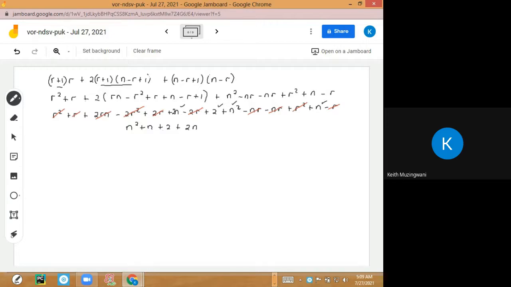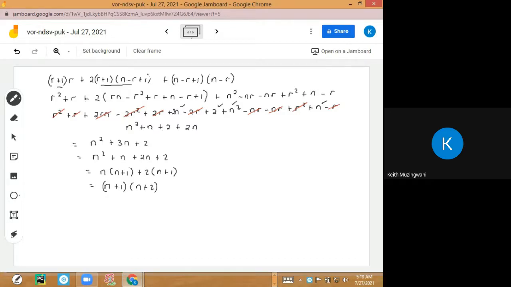Okay? But this can be written as n squared plus 3n plus 2. With product 2, sum 3, this is a quadratic. So we can have n squared from here plus n plus 2n plus 2, giving us n times n plus 1 plus 2 times n plus 1, so that we get n plus 1, n plus 2.